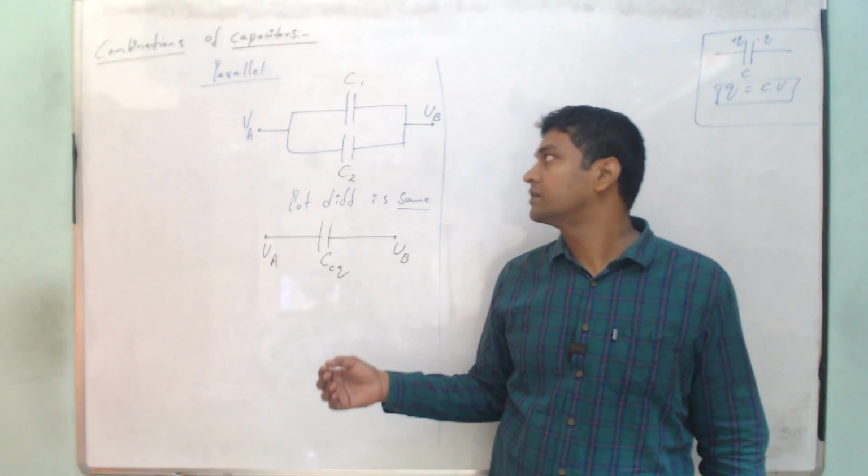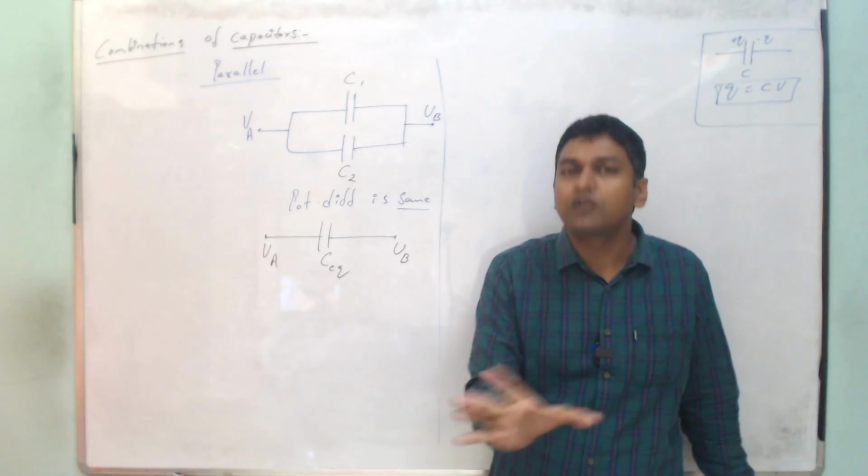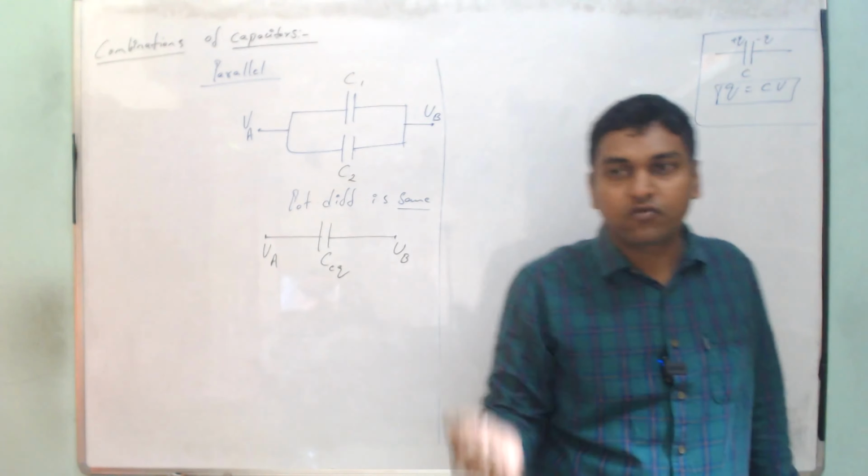Saying how much capacitance I should have so that the potential difference should be VA and VB is just one of many particular cases which are possible. But what is my agenda? My agenda is how much the capacitance should be such that it does the same thing that these two capacitors are doing in this particular combination.